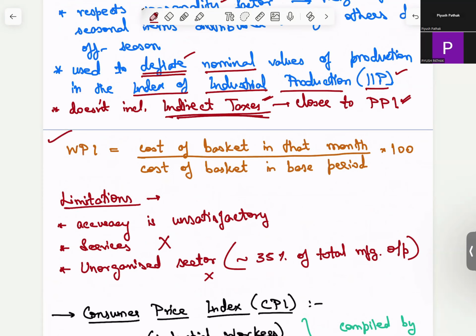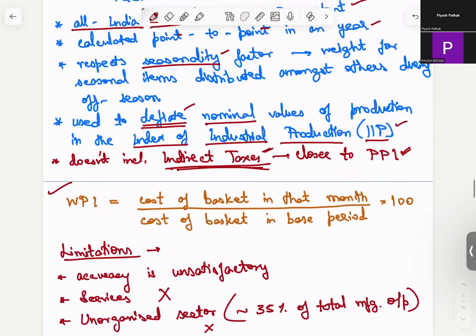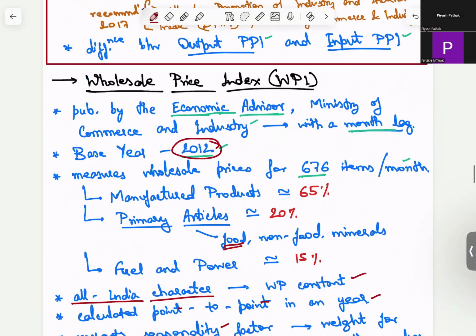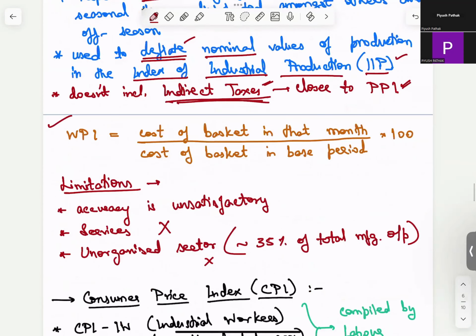So it would be May of 2012 because our base year is 2012, multiplied by 100. As simple as that. The same formula holds for CPI. It's very logical. No need to memorize it. Just need to remember the base year would be in the denominator and the current month of consideration is in the numerator.